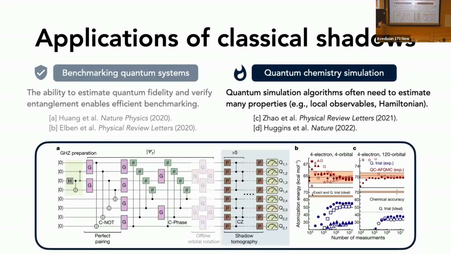So there they've incorporated this shadow tomography technique. They have a circuit that generates these Walker states, and then they utilize shadow tomography to learn and estimate properties and use that to guide the quantum Monte Carlo algorithm running on the classical computer in order to solve for ground states. That's another application.